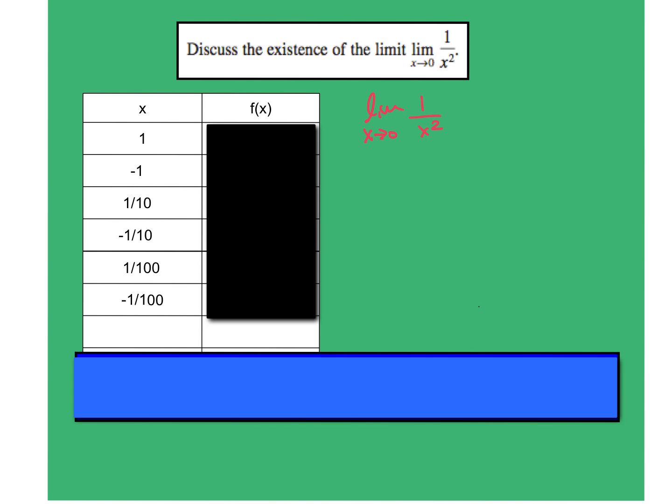I'm not going to do this one with a table. I used to do this with a table. We're going to think about it graphically now. So let's go a little bit to the right of 0. Maybe like 0.01. I love that. So if we substitute in 0.01, this is a positive number over a really small what now? Positive. So what's a positive number over a really small positive? Big positive. So it goes to what? Positive infinity. Now, let's go something to the left of 0.